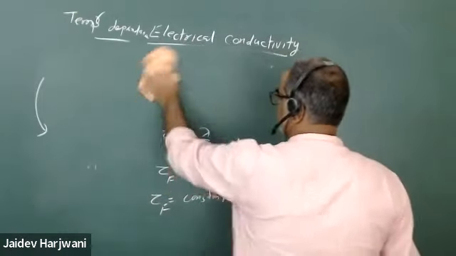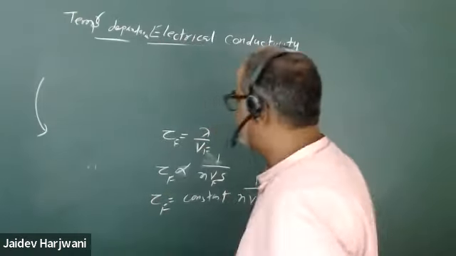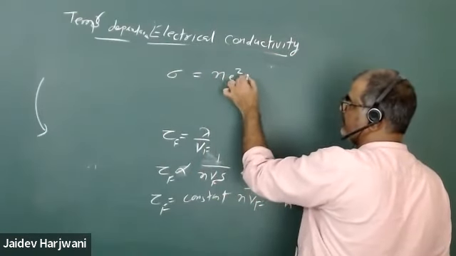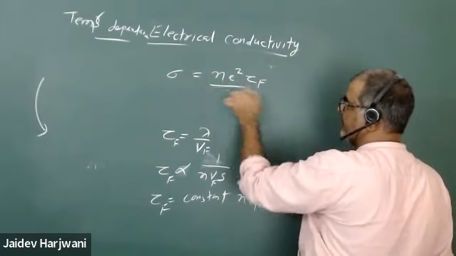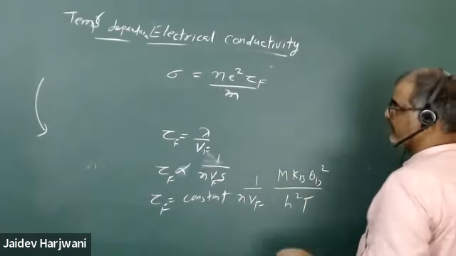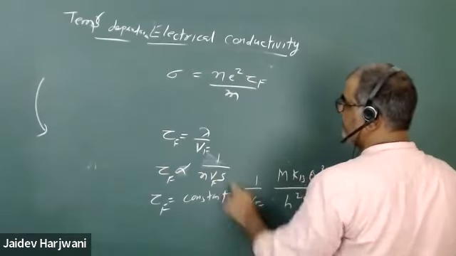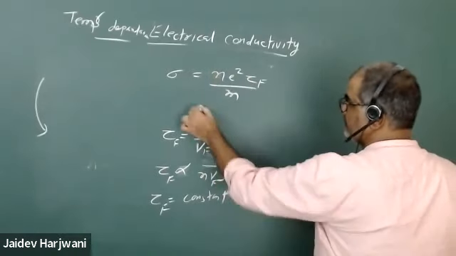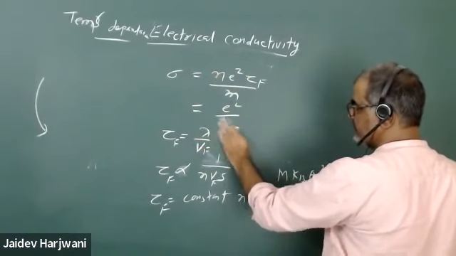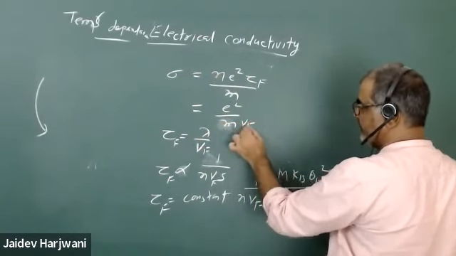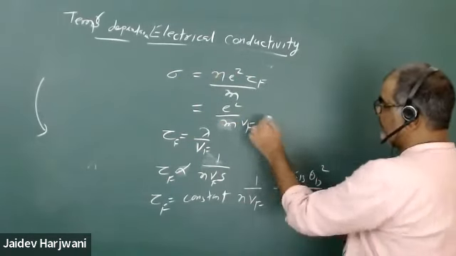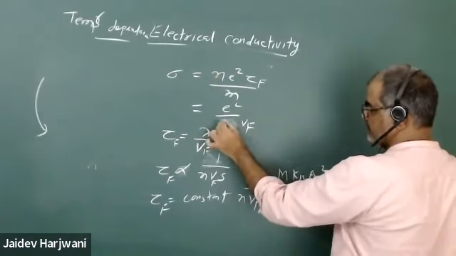Now, conductivity is what? Conductivity sigma is n e square tau upon m. You can just put the values here. If you put the values, this n will cancel out. So you will have e square, m, v_F.